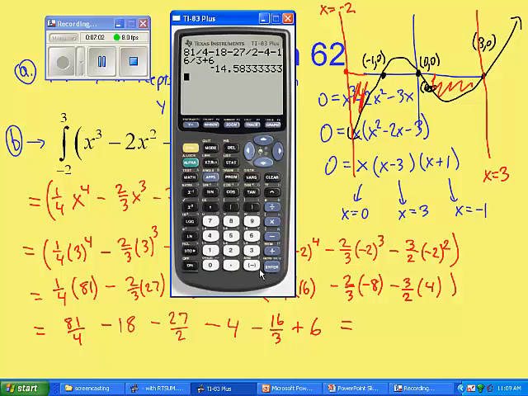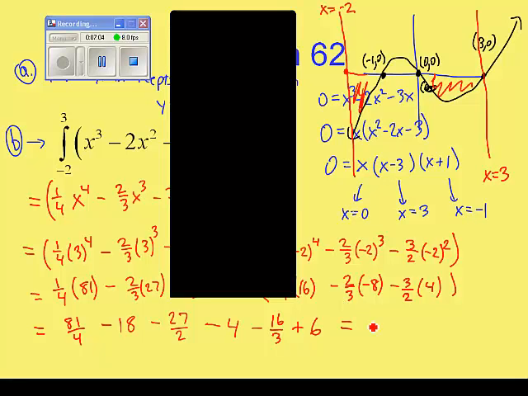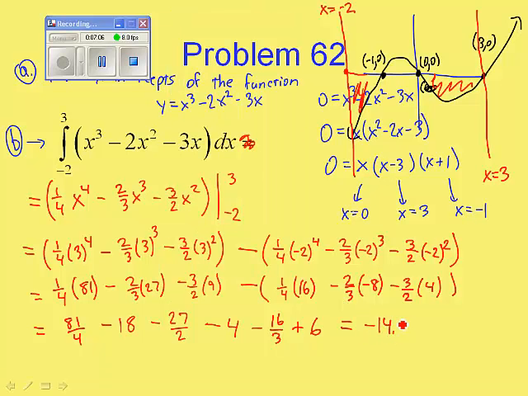So we get that value? -14.583 repeating. Okay. So there's your part B.